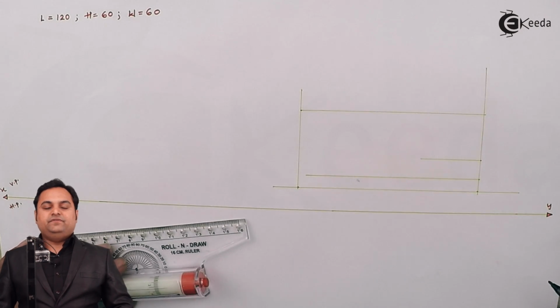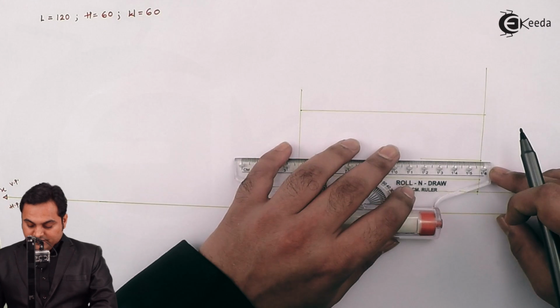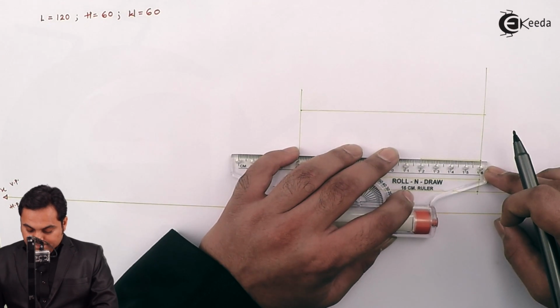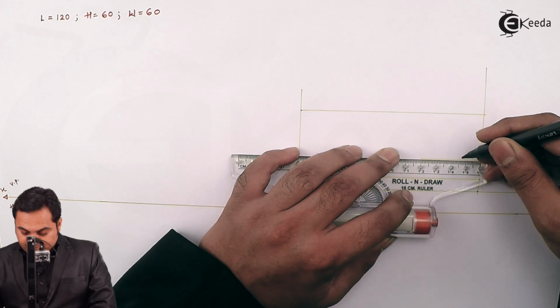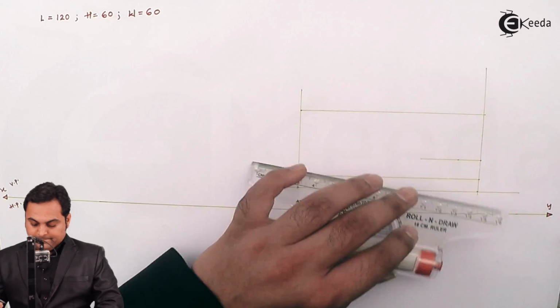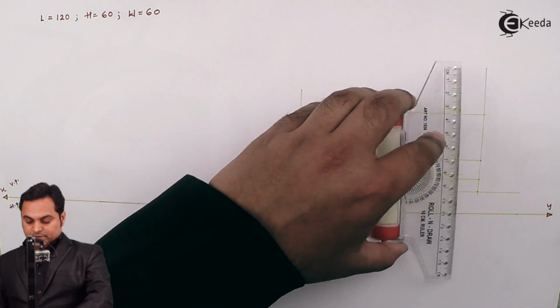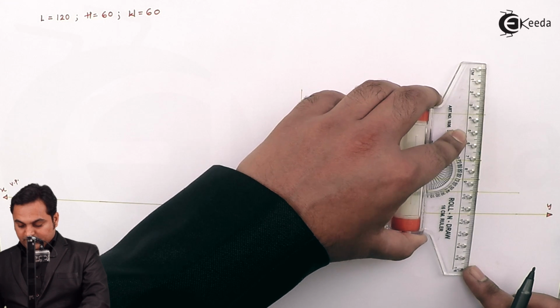Radius is given as 15, that will be the length of the semicircular part. So I'm marking 15 mm over it. This is 10 mm and here we have 15. Next, drawing a light vertical line through that point.